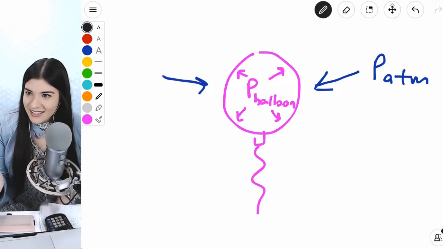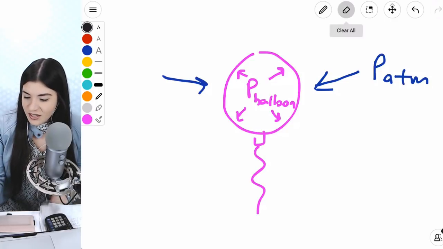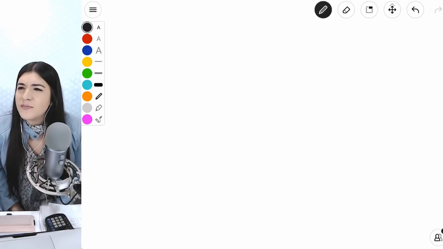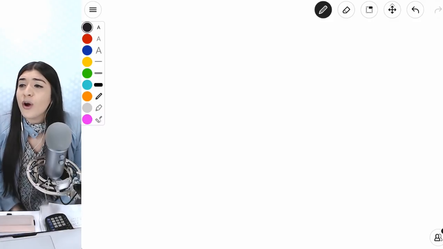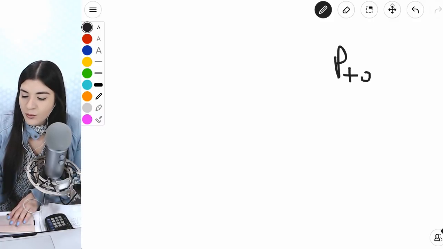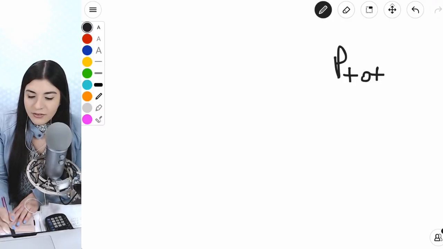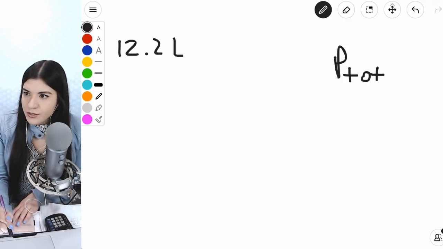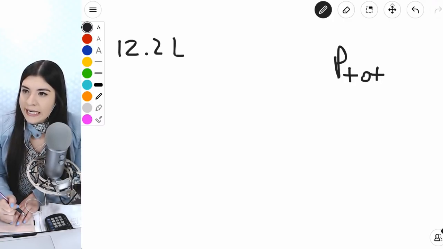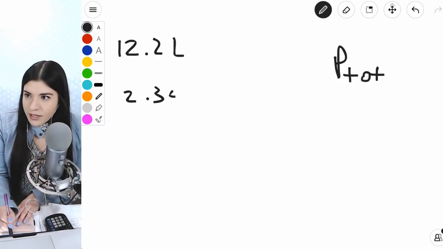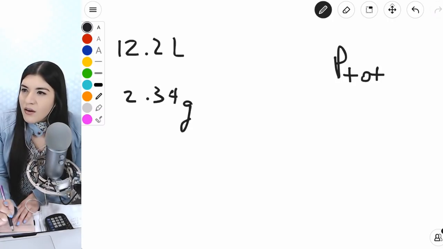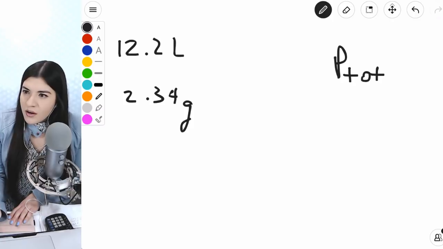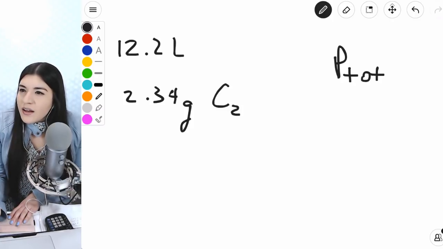All right, let's go to Morgan's question. Morgan asks, calculate the total pressure. Okay, so we're looking for total pressure, and we are given a 12.2 liter vessel that contains 2.34 grams of C2, I'm assuming C2.